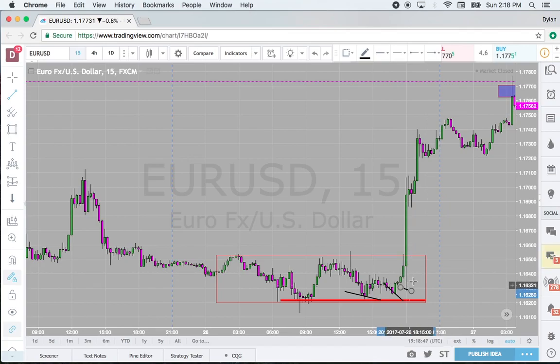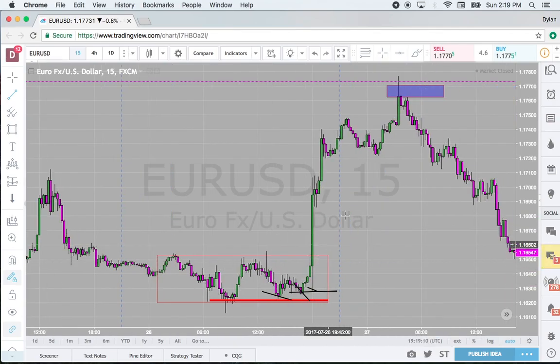Once price breaks out of this consolidation range, you can place stop loss at break even, or you can choose to place it into profit somewhere in this range, 10, 15, 20 pips, depending on how big the move was. Now this was a 100 plus pip move.